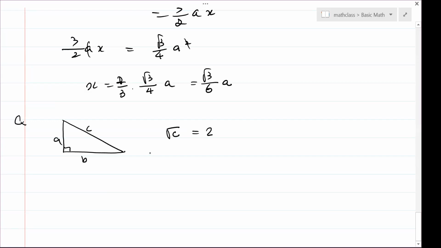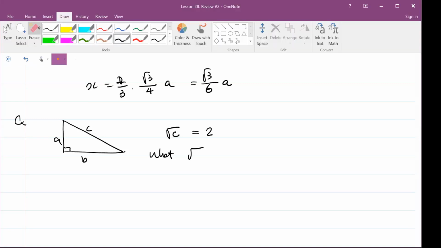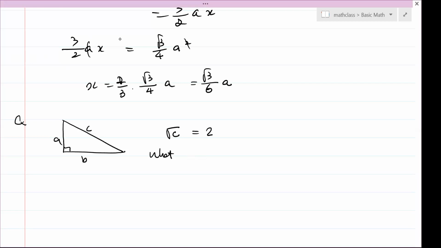Well, what is the sum of the squares of the two sides? So this is actually trying to test your Pythagorean theorem.